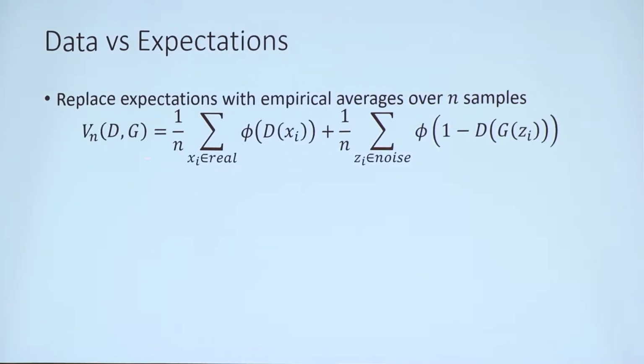Instead of taking an expectation over the real distribution, you replace it with an empirical average over real data points that you have. And instead of taking an expectation over the random noise, you sample n random noise inputs, and you take an empirical average of the output of the generator under these n random noise inputs. Okay.